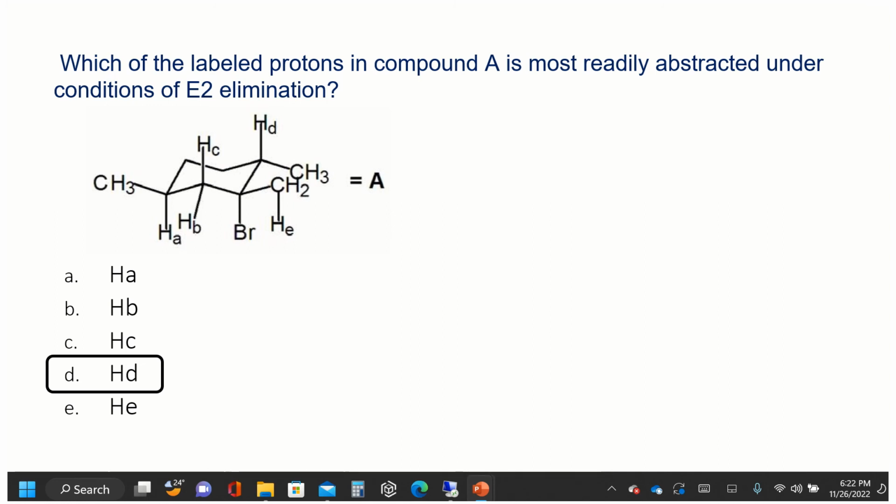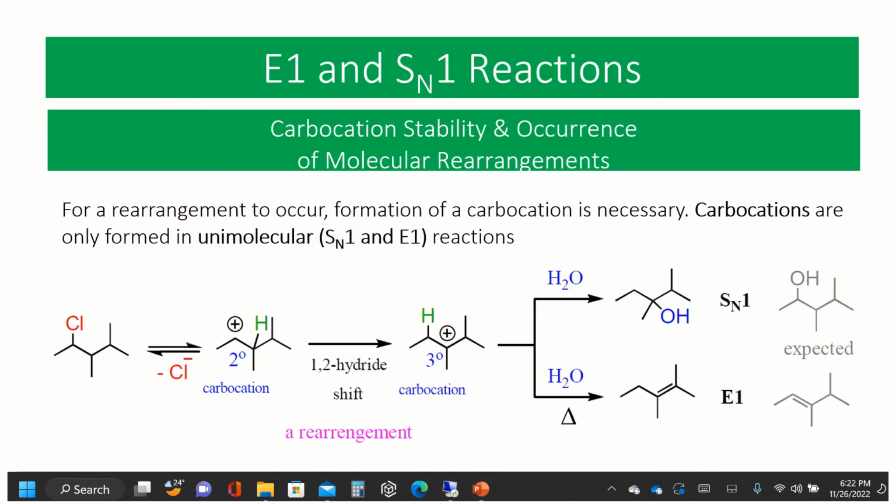We will look at E1 and SN1 reactions as far as carbocation stability is concerned. So if we look at the E1 and SN1 reactions, we know that once we have unimolecular dissociation of the halide, we realize a carbocation.